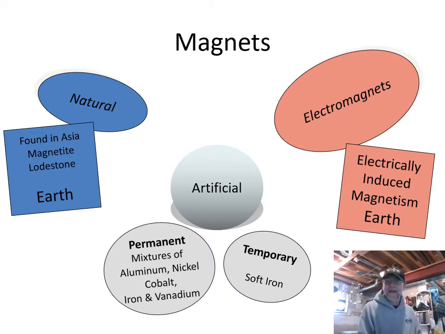Then electromagnets, and here is exactly what I was talking about, electrically induced magnetism. When you put current through a conductor, you get a magnetic field. So an electromagnet is simply a conductor which we put current through, or stop putting current through, to turn the magnet on or off, and we call these electromagnets.